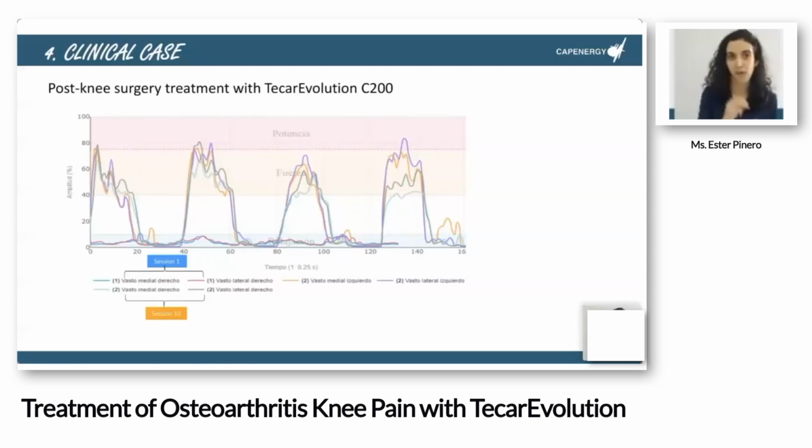And in 3 weeks, we have a very good condition of this strength, because if you compare, you have very similar strength between the right leg and the left leg, between the first and the second and the last treatment. And then this is very important because we have in 3 weeks recovered the strength of the leg. And this is very important for the osteoarthritis, because when you have osteoarthritis, if you have a weak leg, then you will not reduce all the problem you have on your leg.